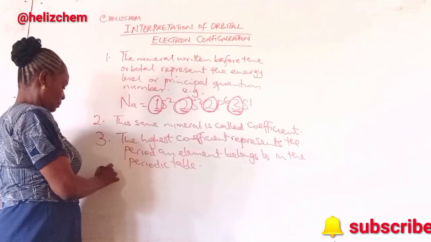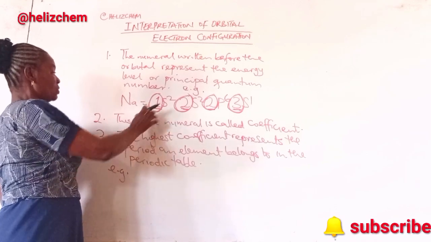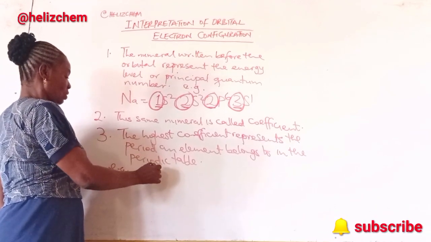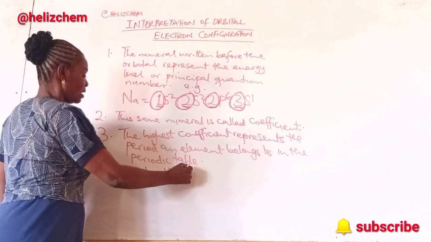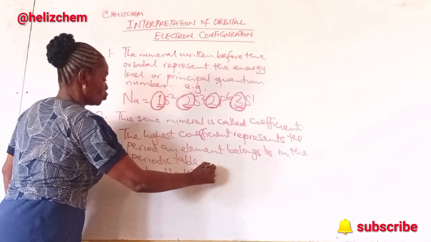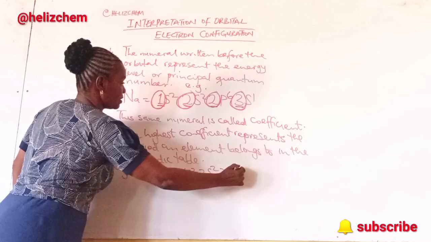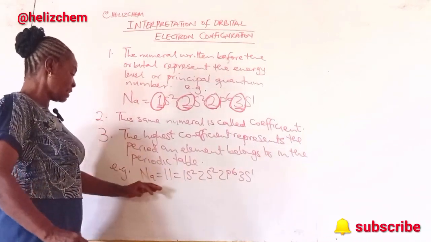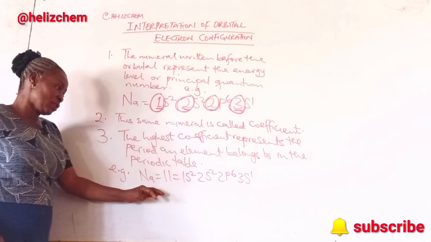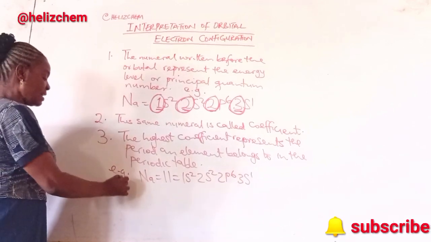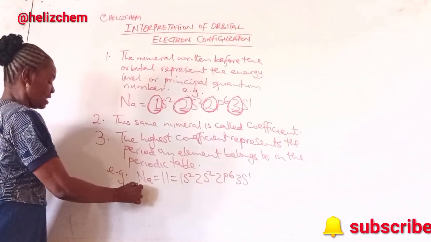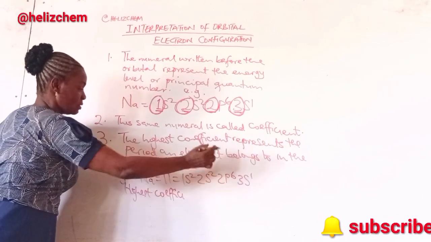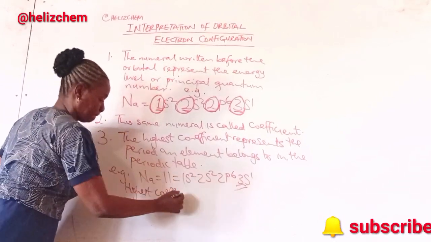For example, we are using the same example here. Na, which is sodium, is 11. We have 1s2, 2s2, 2p6, 3s1. If you look at this electron configuration, the highest coefficient here is 3.